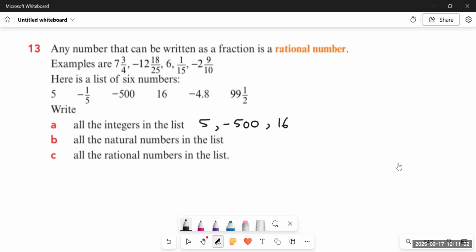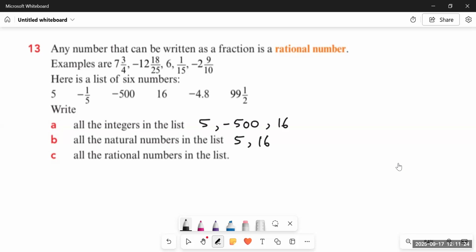Natural numbers are only the positive integers. So in this category, we will only take the numbers from the integers list that are positive. So in this list, we have only two numbers, that is 5 and 16. Not even minus 500 would be a natural number, because natural numbers start from positive 1.